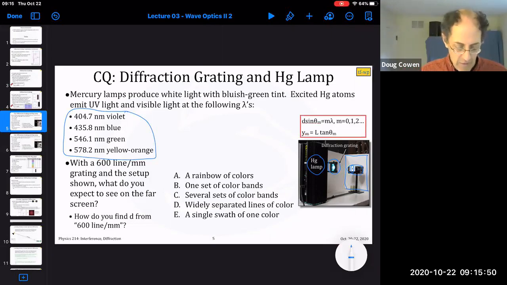And we're going to use a 600 line per millimeter grating, which means that there's a spacing of 1.6 times 10 to the minus 6, if I remember correctly, meters. So that's how you find d from that 600 lines per millimeter. So what do we expect to see on the faraway screen? Do we expect to see a continuous rainbow of colors, one set of color bands, several different sets of color bands, widely separated lines of color, or a single swath of one color?